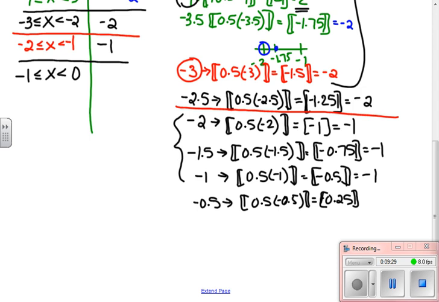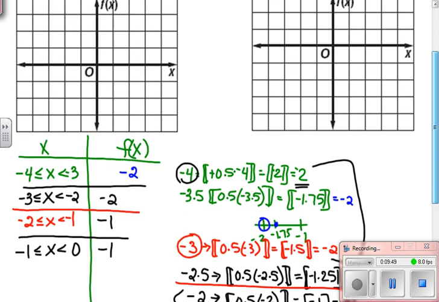Now negative 0.25, if you think of a number line again, negative 1 and 0, negative 0.25 is right there. It's still going to round down to negative 1. And so the pattern here, up to 0, is that it's repeating every 2 units.